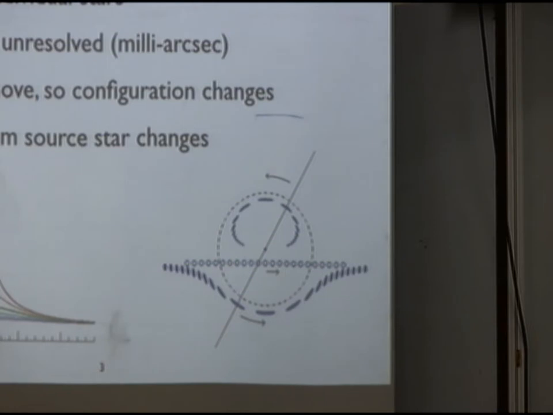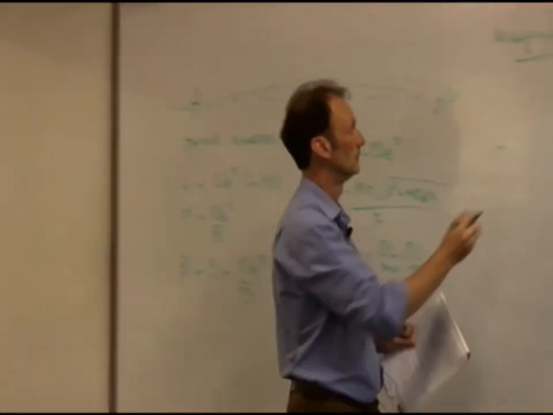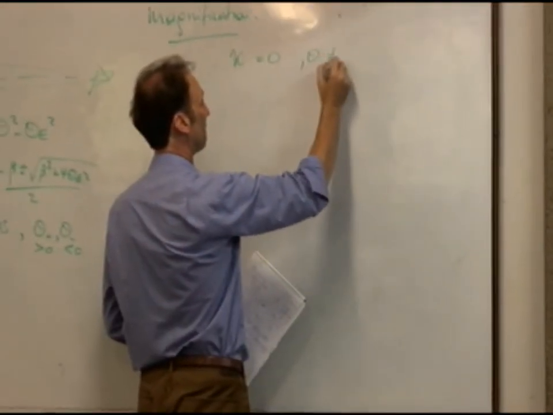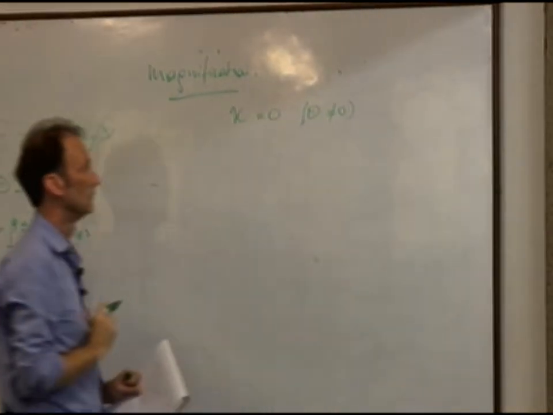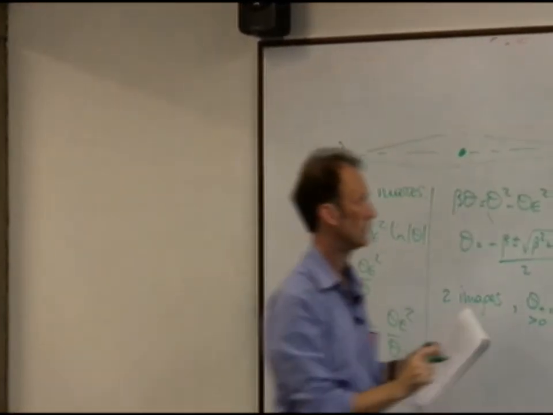Now, the other thing we can work out is the magnification. And for a point lens, you can show very easily what the surface density is. Surface density is 0, except in the middle. Right? All the mass is in the center. There's no mass outside the center.